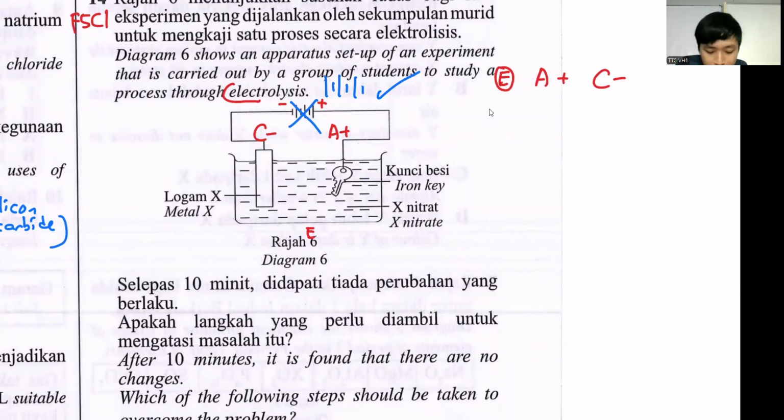Then only metal X will sacrifice, become X2 plus. Let's say you got X nitrate. X nitrate has X2 plus ion and NO3 minus.